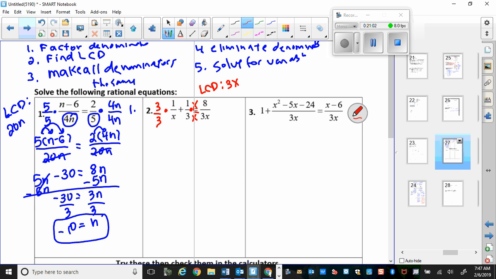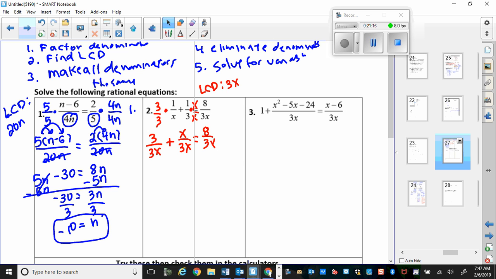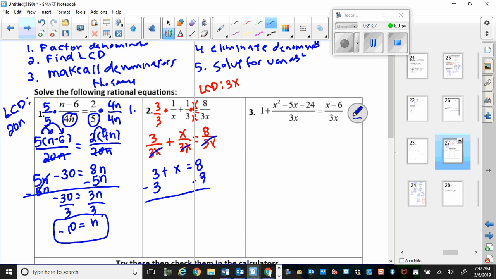So we're going to rewrite that: 3 times 1 is 3 over 3x, plus 1 times x is x over 3x, equals 8 over 3x. Now I can eliminate these common denominators, and I get 3 plus x equals 8. Subtract 3 on both sides, and x equals 5.